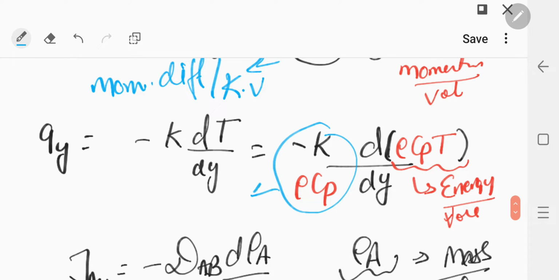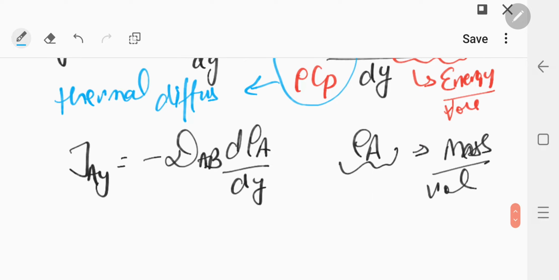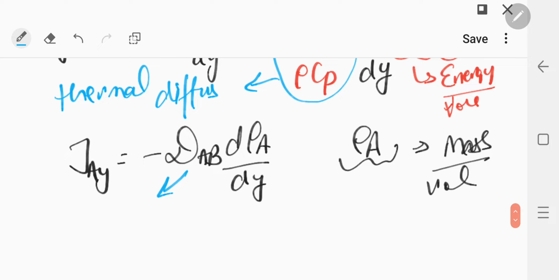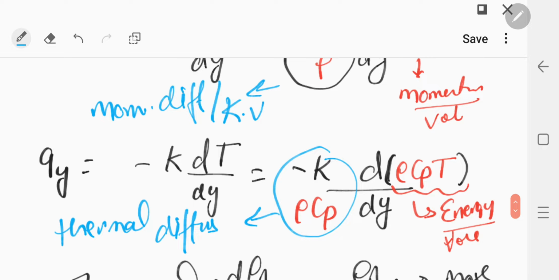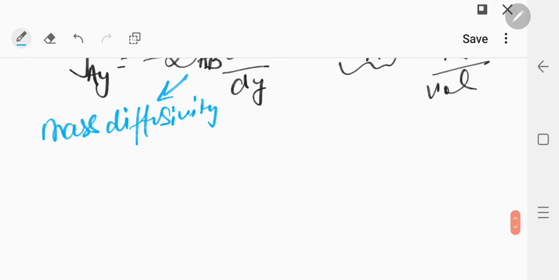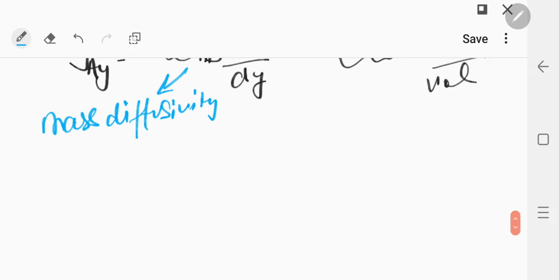This term is known as thermal diffusivity, and this term is known as mass diffusivity. If we compare all these three diffusivities, momentum diffusivity, thermal diffusivity, and mass diffusivity, they all have the same units.